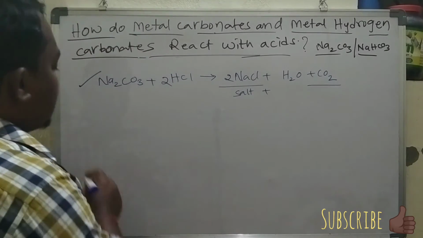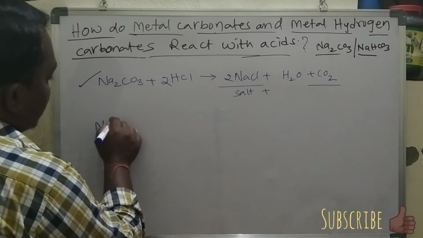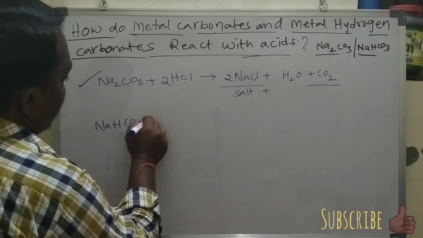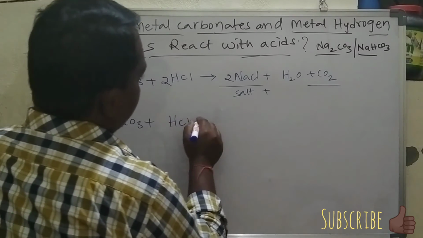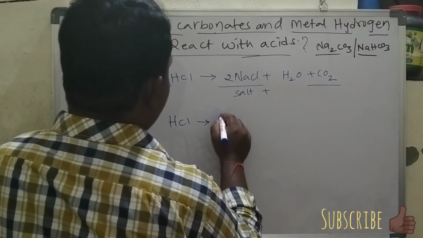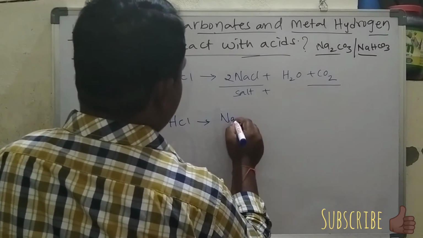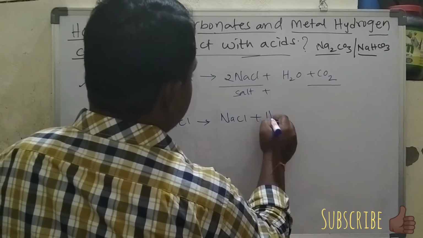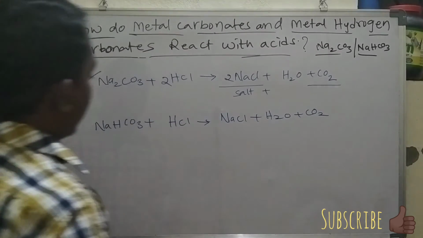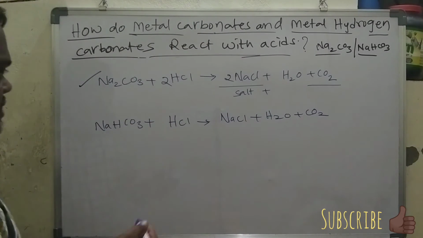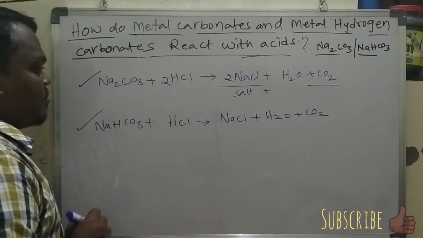Okay, next, metal bicarbonate: NaHCO3 I am taking here, with HCl again, forms NaCl plus H2O plus CO2. I think it is balanced, right? So it is also balanced.